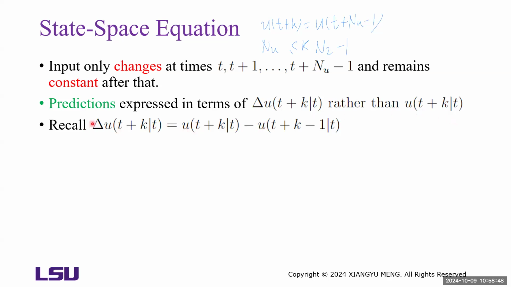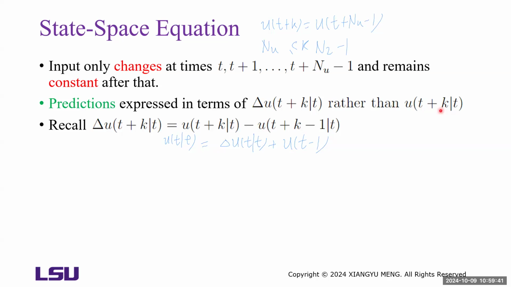Recall that the definition of delta u(t+k|t) is u(t+k|t) minus u(t+k-1|t). So based on the definition, when k is 0, u(t|t) is delta u(t|t) plus u(t-1).